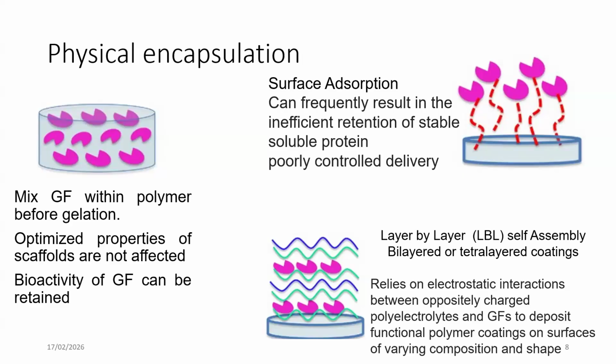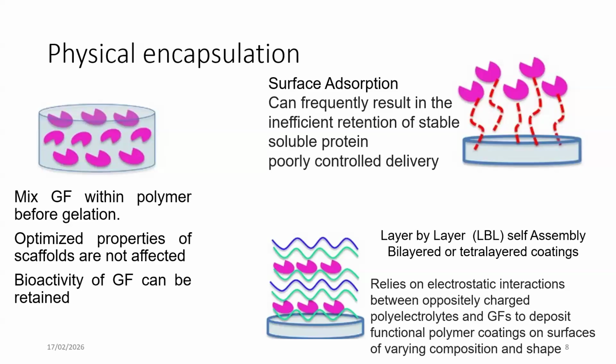But the first thing that comes to your mind is, well, it has covered the surface, so it's very likely to be physical. It's just staying on the surface, depending on whether the surface is hydrophilic, what the surface energy is. And if I leave it outside, maybe it washes away with the body fluids, or it's not very strong. So the growth factor gets adsorbed onto the surface, which can frequently result in inefficient retention of stable soluble protein and poorly controlled delivery. That is what happens with physical encapsulation. So poorly controlled delivery, and it's not very strong.